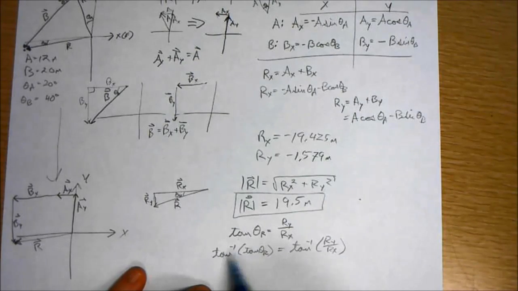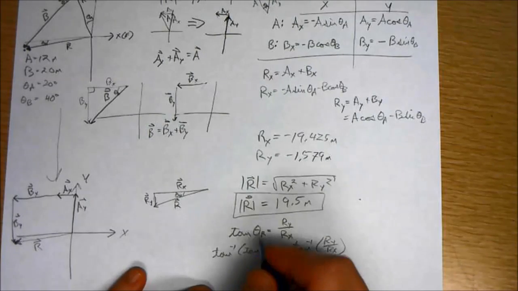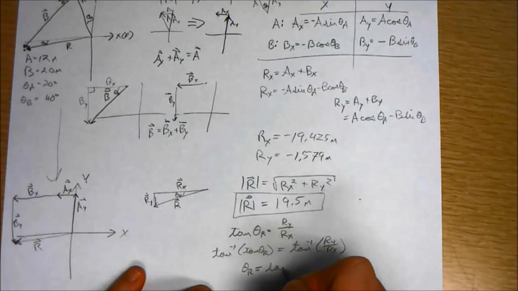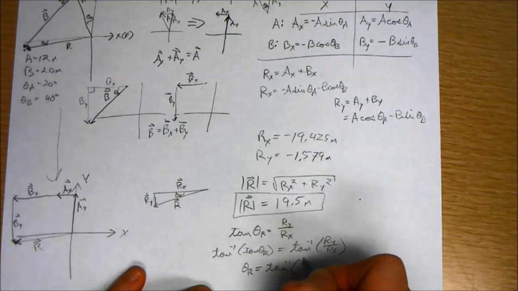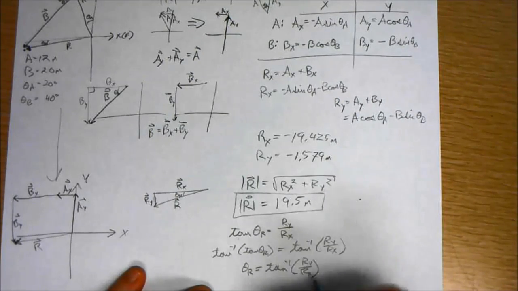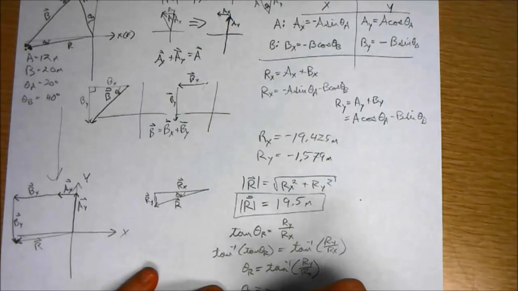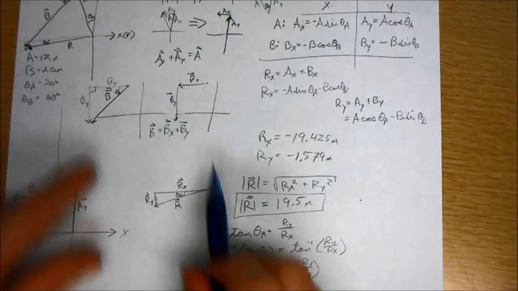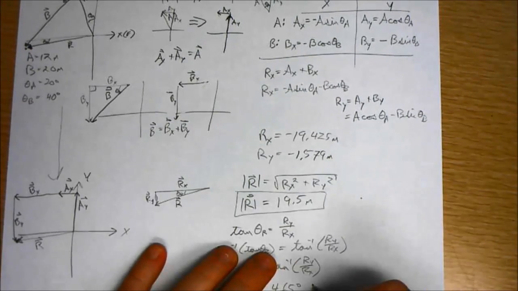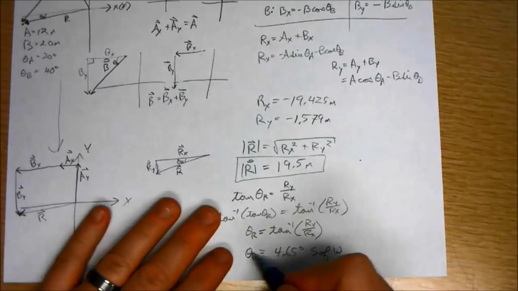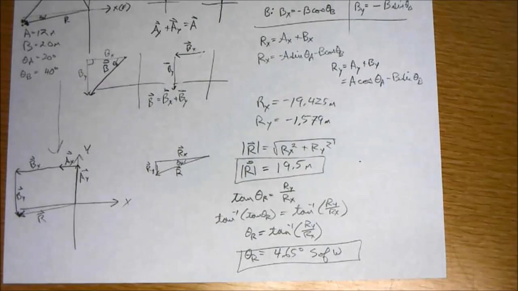Inverse tangent operates on the tangent of theta R to get rid of the tangent, which leaves theta R by itself equal to inverse tangent of Ry over Rx. If you plug the numbers in, you end up with theta R equals 4.65 degrees. Directionally, that is south of west, or with respect to the negative x-axis.